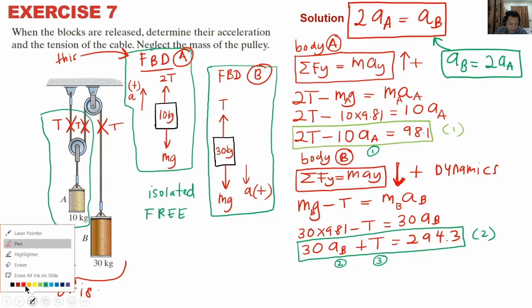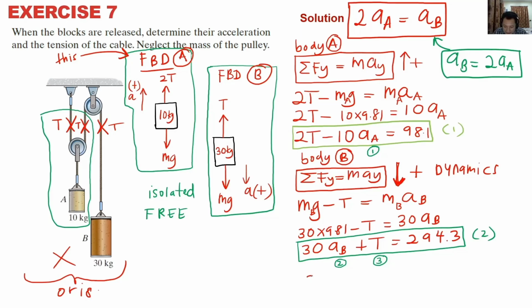Where is our AB? This is our AB. So simplify this equation to become 30 kali dengan AB. AB sama dengan apa? 2AA campur T sama dengan 294.3. Now you can solve it.